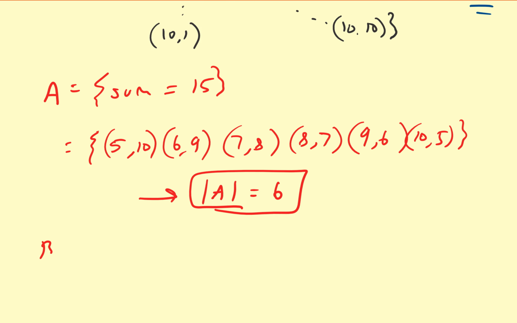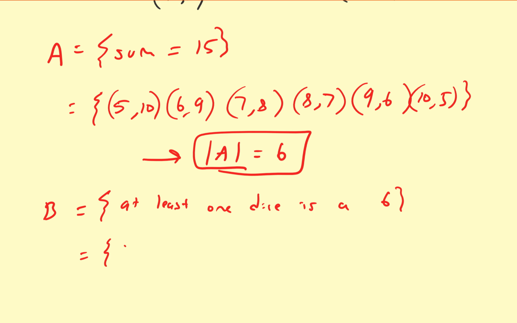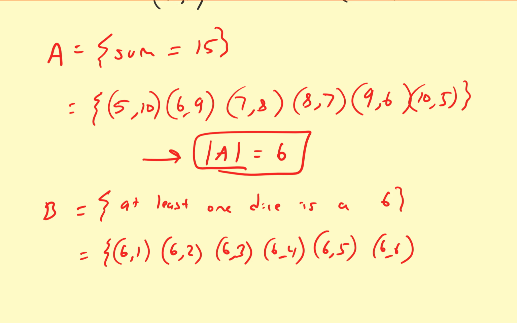Let's consider my event B. Let B be equal to the event that at least one die is a 6. So I can have (6,1), (6,2), (6,3), (6,4), (6,5), (6,6), all the way down to (6,10).